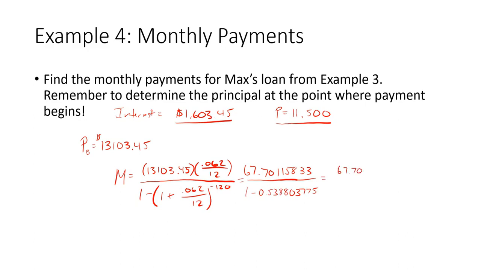Just simplifying a little bit, 0.461196225. And then when we divide, you get a monthly payment of $146.79.